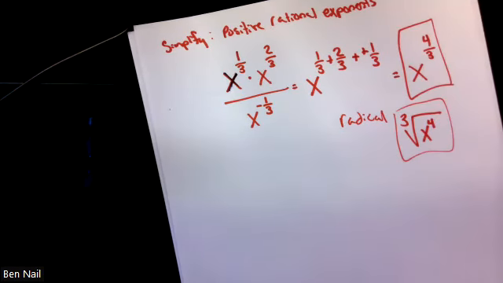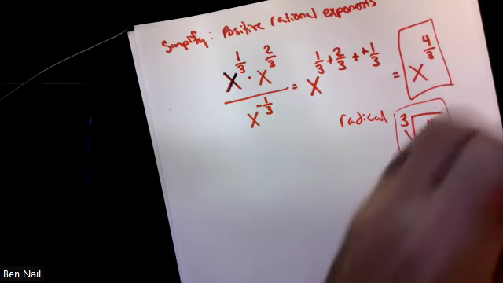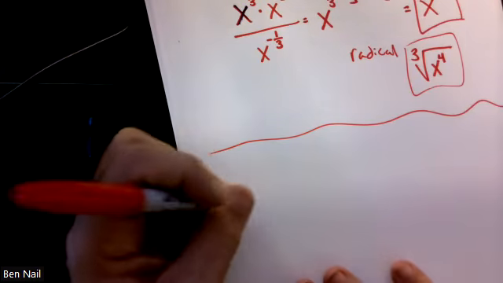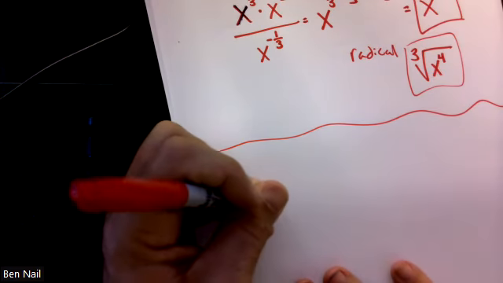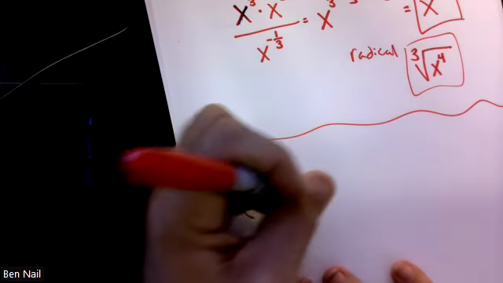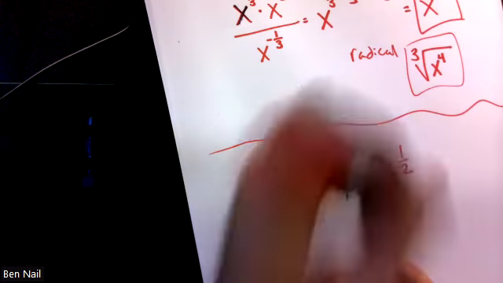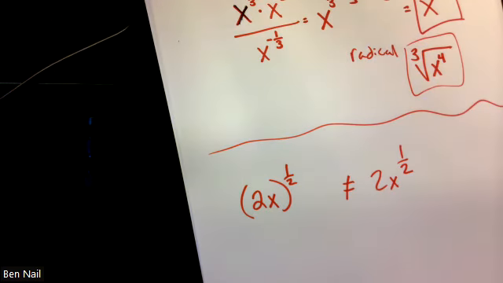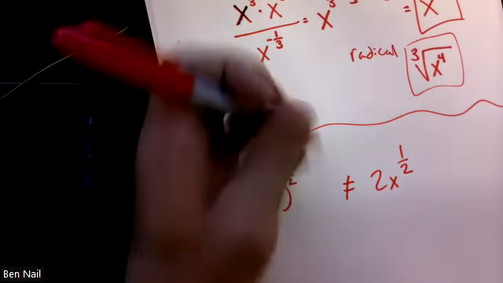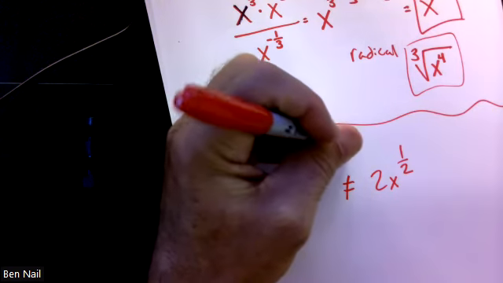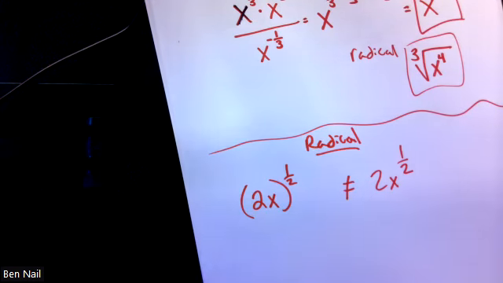Now, another thing they can do to trick you is to catch you when you're not paying attention. So the difference in these two things. Okay, so again, they'll ask you to write this as a radical.